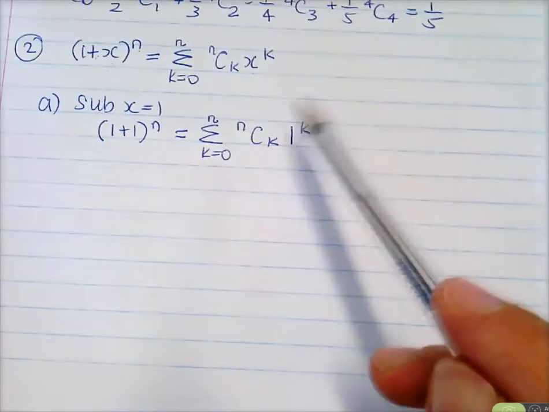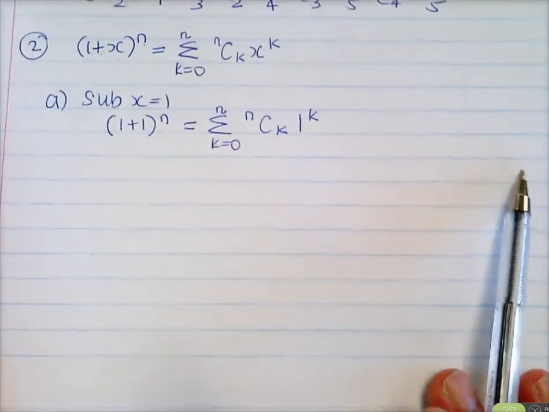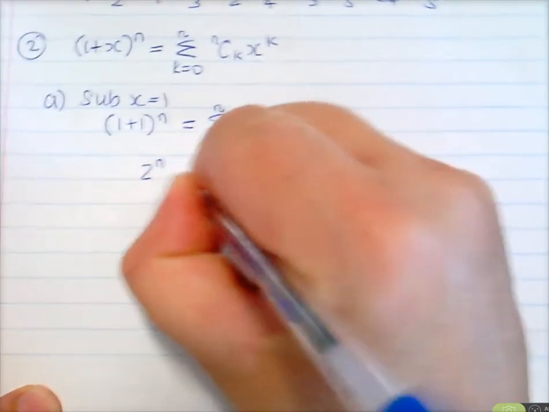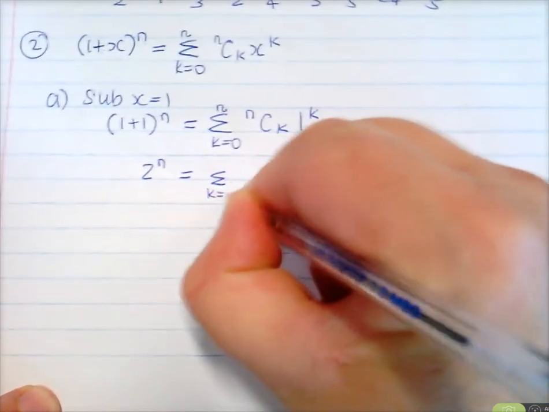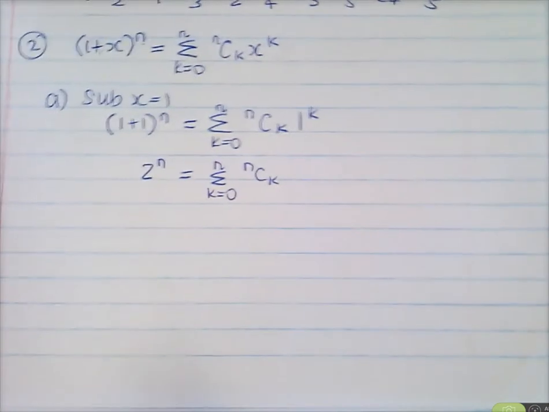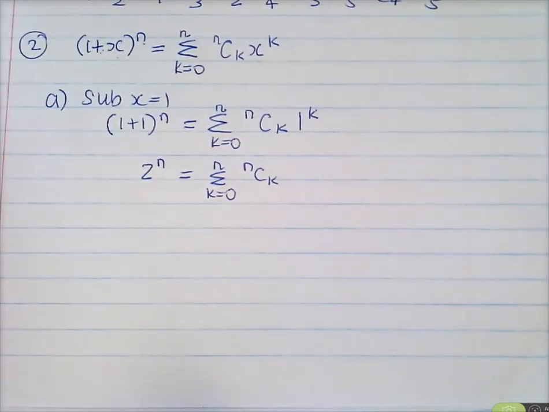That's what that notation means, okay? So if you substitute x is 1, you get that. So therefore on the left you've got 2 to the power of n is the sum from k is 0 to n of nck 1 to the power of k, where 1 to the power of k, for k a whole number and positive, is 1.